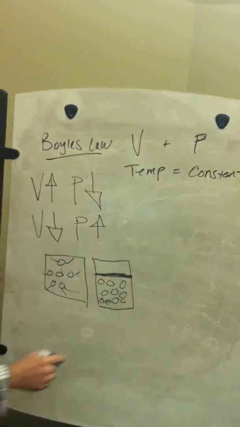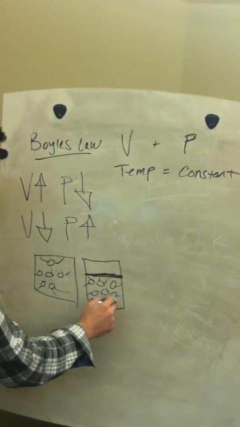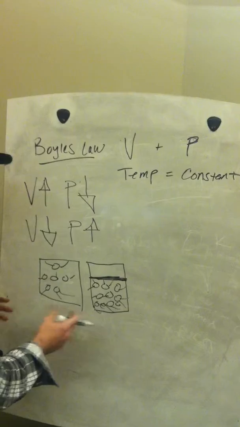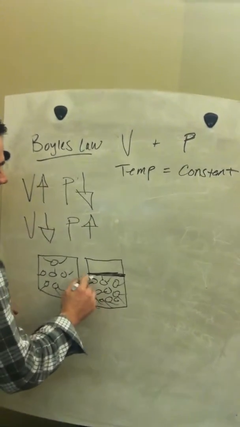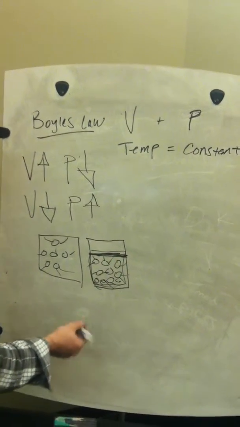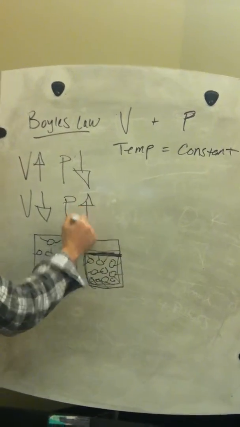So there's the same amount of molecules hitting the sides with more force per unit. So there's more of these hitting the smaller volume, which results in more pressure. So as the volume goes down, the pressure goes up.